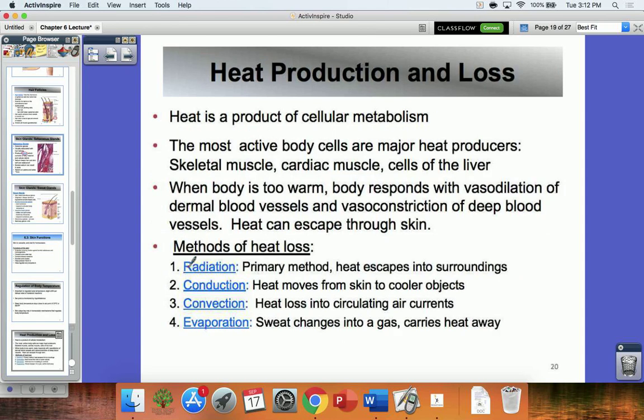And so there are a couple ways that heat is released, four methods. I've talked about vasodilation and vasoconstriction. But the first way is radiation. For instance, if you go into a classroom, the classroom is extremely cold, but there are 30 students and all of you have just been outside playing basketball or some sport, and you all come inside the classroom.